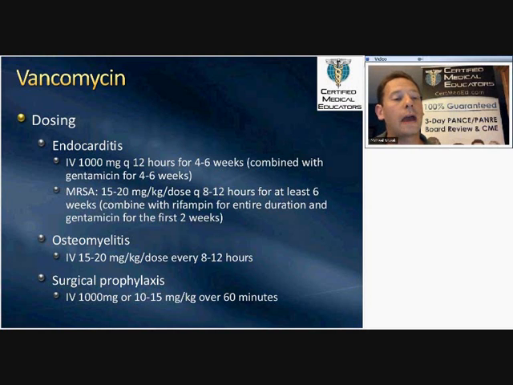For patients who have the methicillin-resistant Staph aureus, then we're going to use a little bit of a higher dosing, 15 to 20 milligrams per kilo divided out with not only gentamicin for the first couple weeks, but also mixed with rifampin. And we do see this from time to time in our hospital setting where I work. Osteomyelitis, 15 to 20 milligrams per kilo per dose divided out, and surgical prophylaxis, as mentioned before, about 1 gram before surgery, 30 to 60 minutes beforehand.